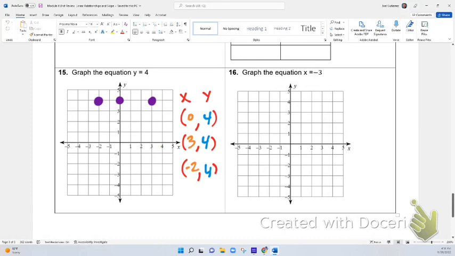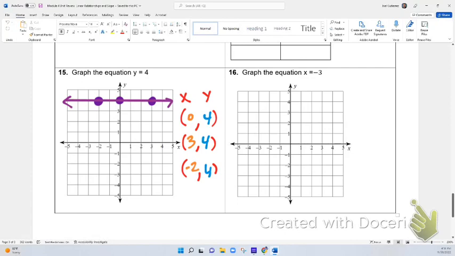And again, using your ruler, protractor, whatever it is that you have, we simply are going to connect the dots. And let me connect them with the same color. And it looks like this. And then please make sure that you, of course, are drawing arrows on both sides because it is a line. It goes on forever and ever and ever.